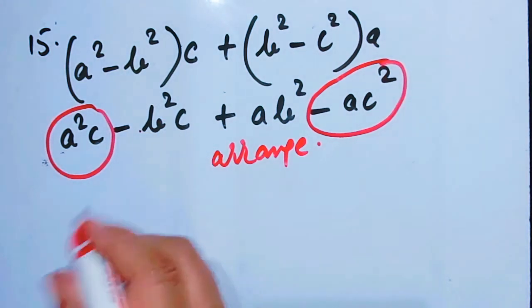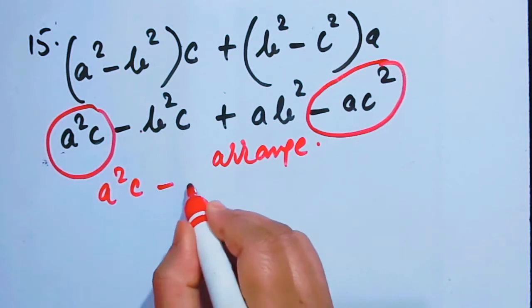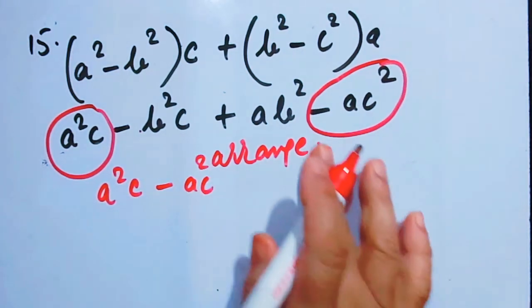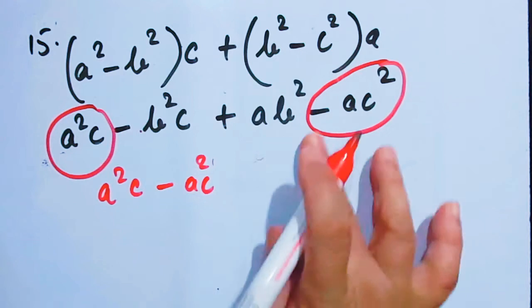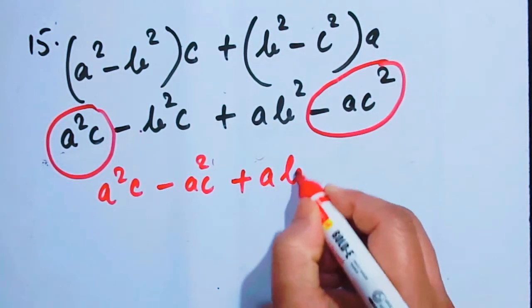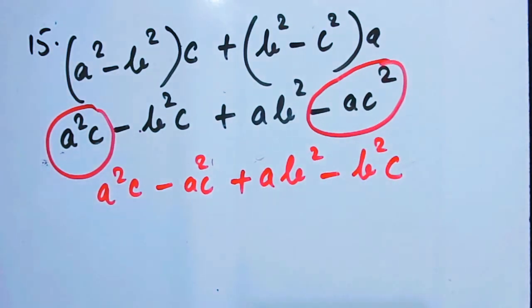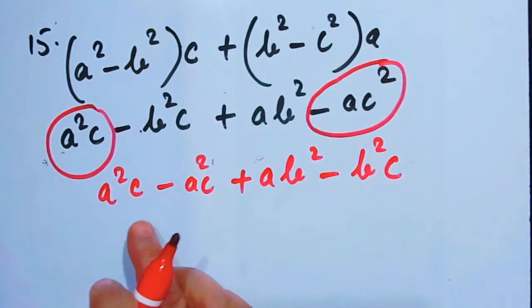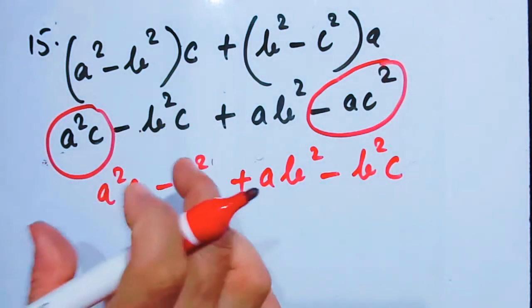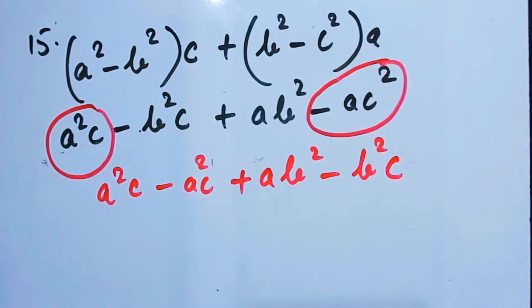So let us first arrange the terms in this way: A square C minus AC square plus AB square and minus B square C. Therefore, before you start grouping it, you will have to check whether you are going to get a common or not. So let us see.